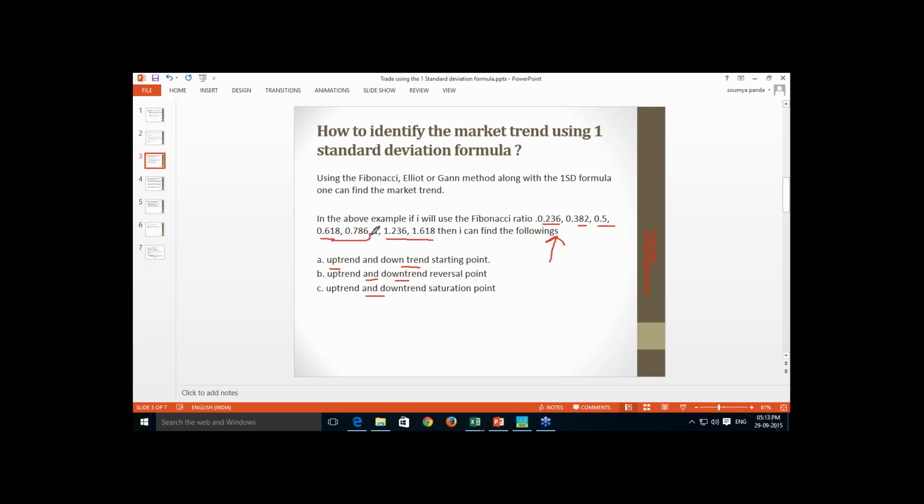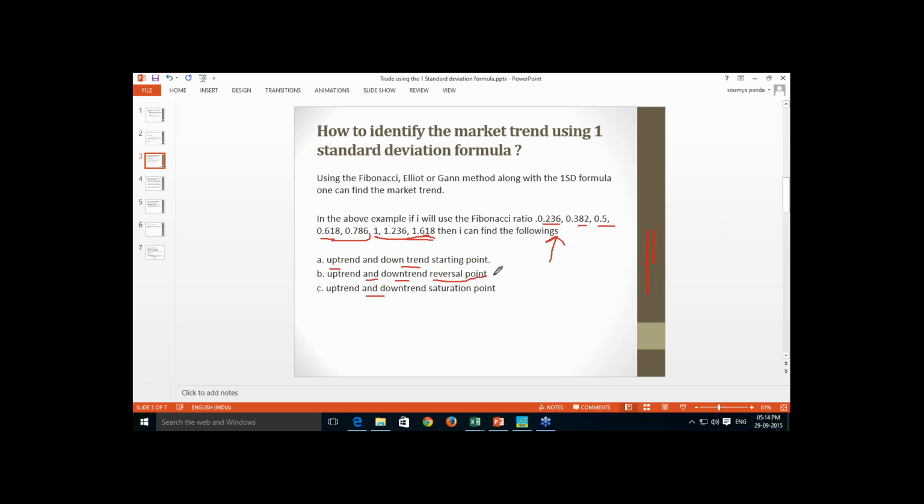If it successfully penetrates, then it has every probability to go till 100% retracement, till 1.236 and till 1.618. These ratios, 1.236 and 1.618, in Fibonacci terms are known as the growth retracement. And 0.618 to 0.786 retracement is known as the death zone or the trend reversal point.